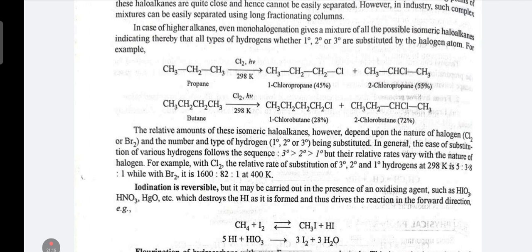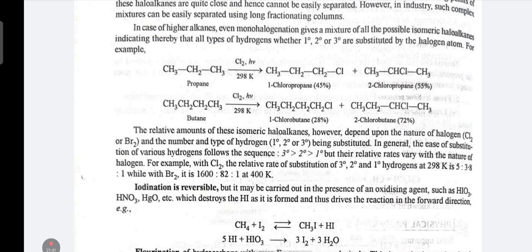For example, with chlorine, the relative rate of substitution of tertiary, secondary, primary hydrogens at 298 Kelvin is 5 : 3.8 : 1, while with bromine it is 1600 : 82 : 1 at 400 Kelvin.